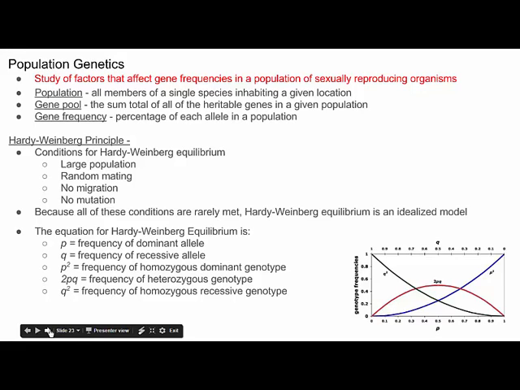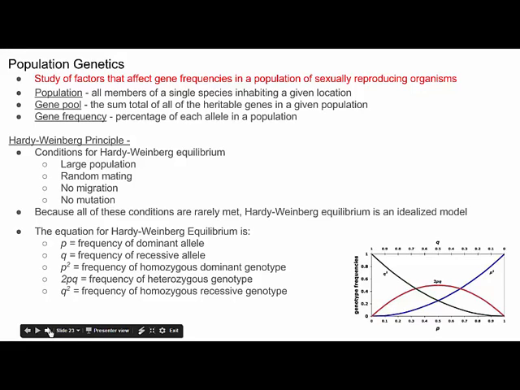You're not going to study two populations separated by thousands of miles. You're going to look at one specific population, one specific area, and then you could look at which genes are present in that population. How common are they? We call that the gene pool. So when we look at a population, we look at certain genes in that population, we call that the gene pool. And the more frequently you find a certain allele, that's its gene frequency.